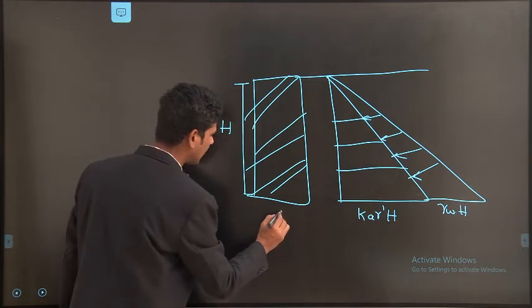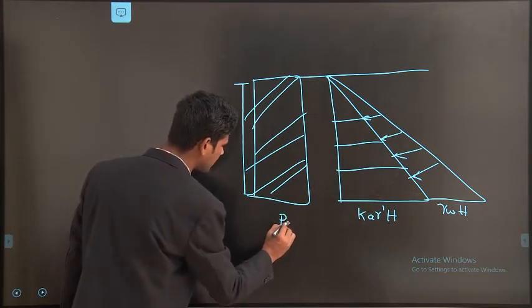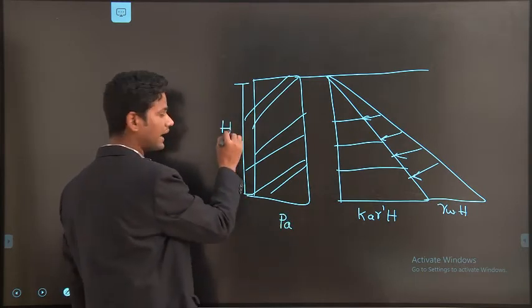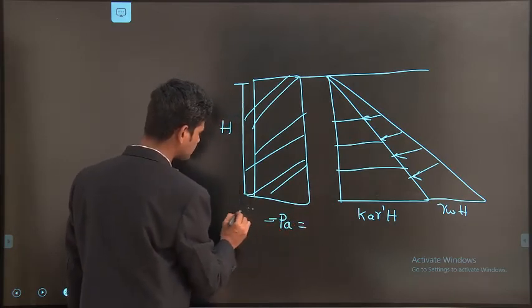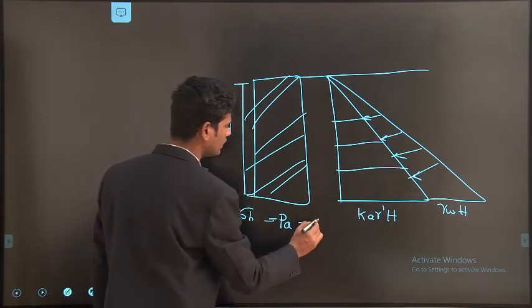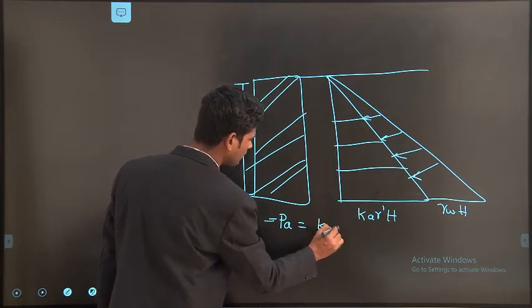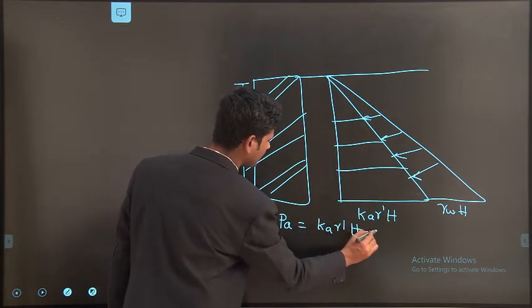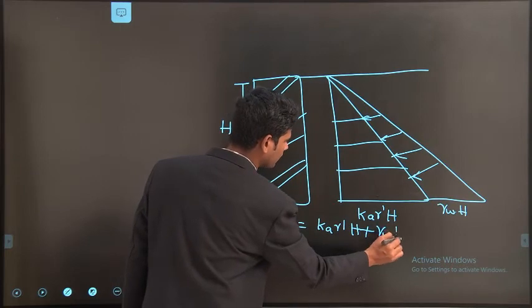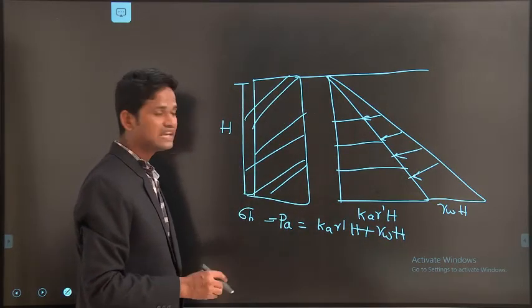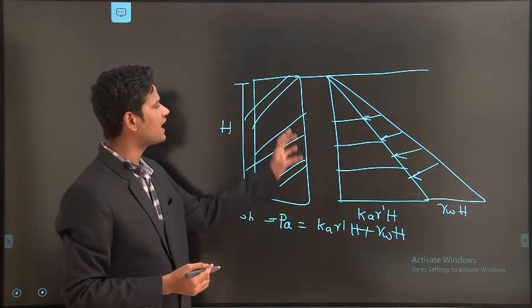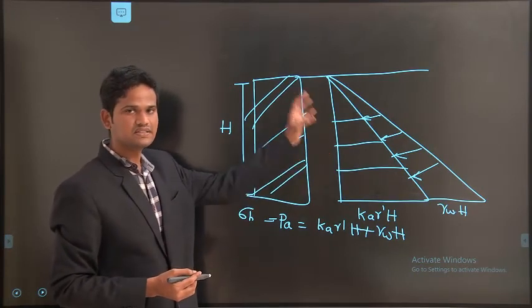That means the horizontal pressure at total height h, sigma h, equals Ka into gamma prime into h plus gamma W into h. This is the formula for calculating the lateral earth pressure when the soil mass is in submerged condition.